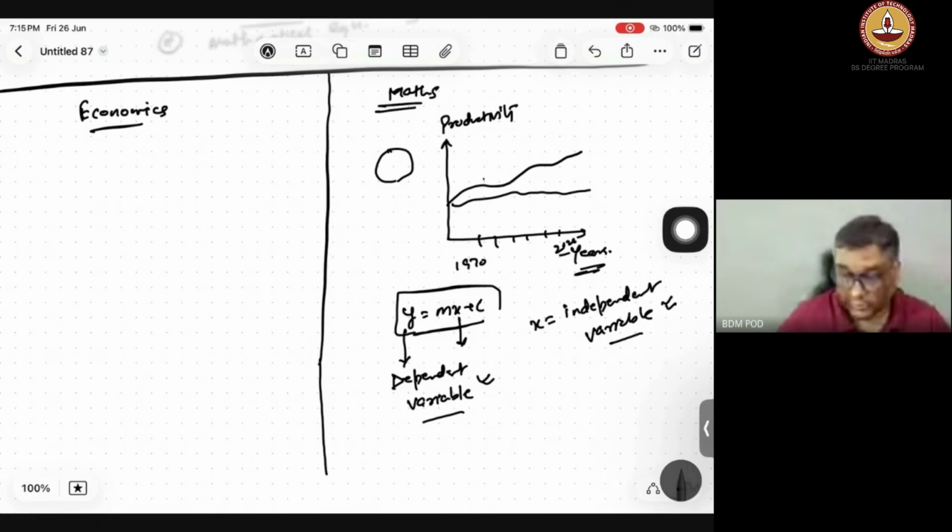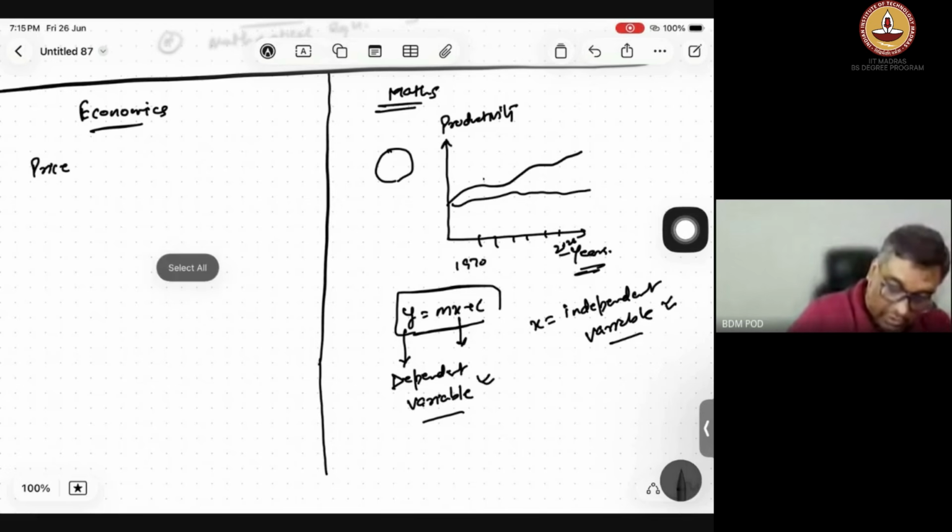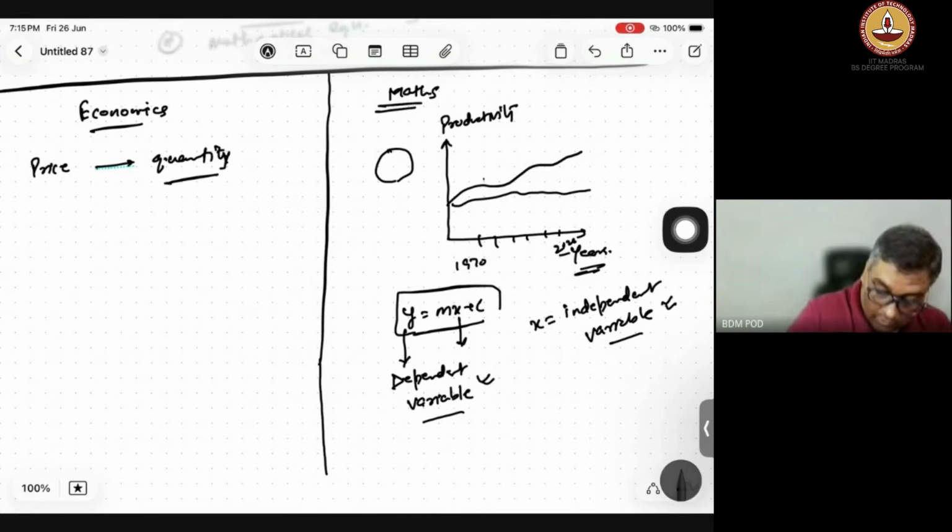Suppose you are seeing the price fluctuation of banana with respect to quantity, right?